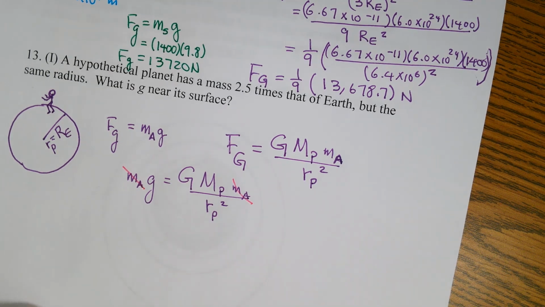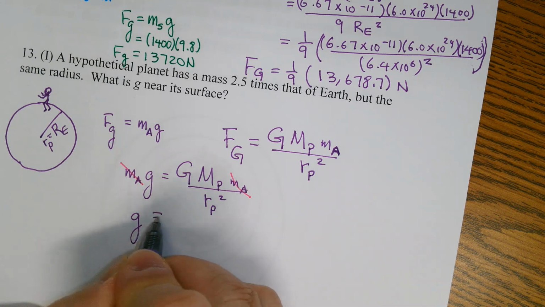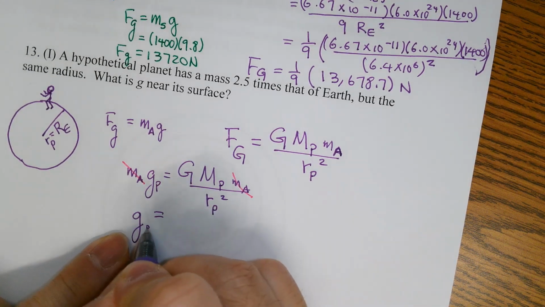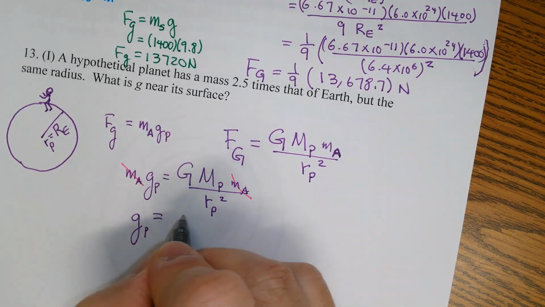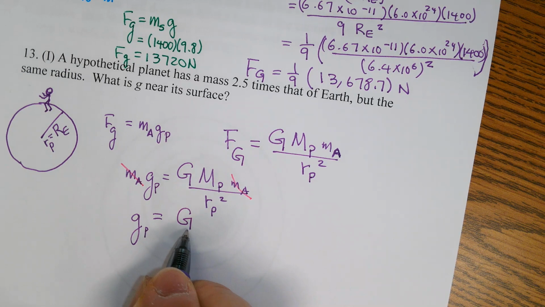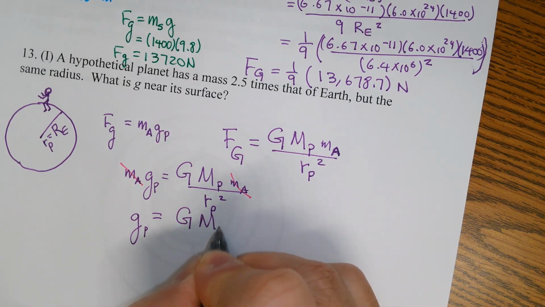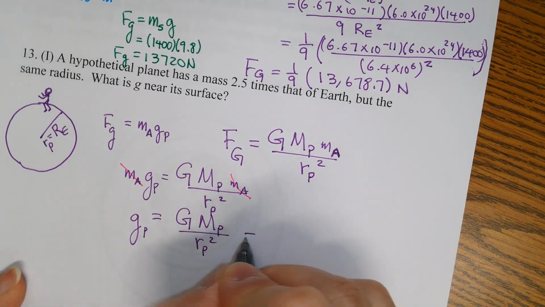So g, which is the acceleration due to gravity on that planet, must equal this big universal constant G times the mass of the planet, divided by the radius of the planet squared.